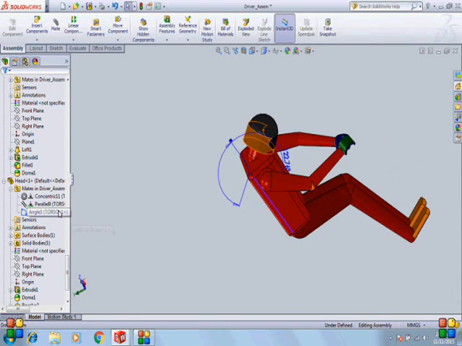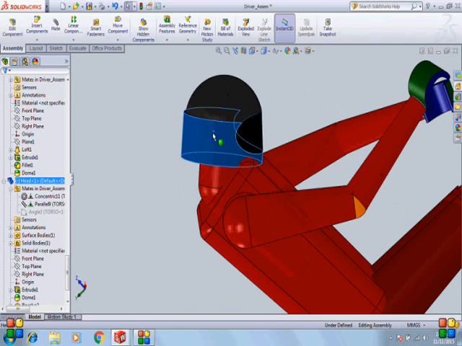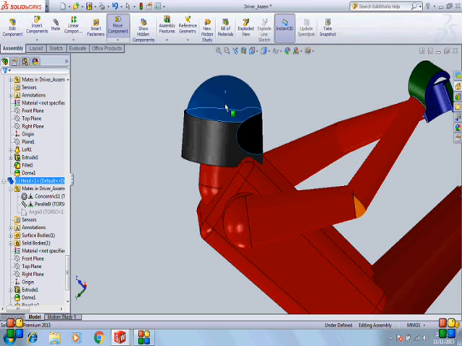If I suppress this mate, then I can rotate the head of my driver. So for very fine adjustments I can use this to adjust the head position of the driver.